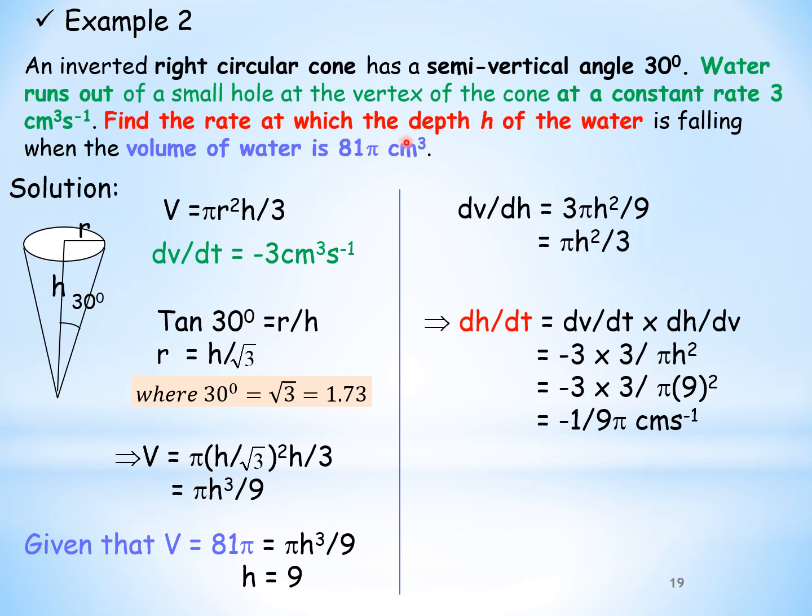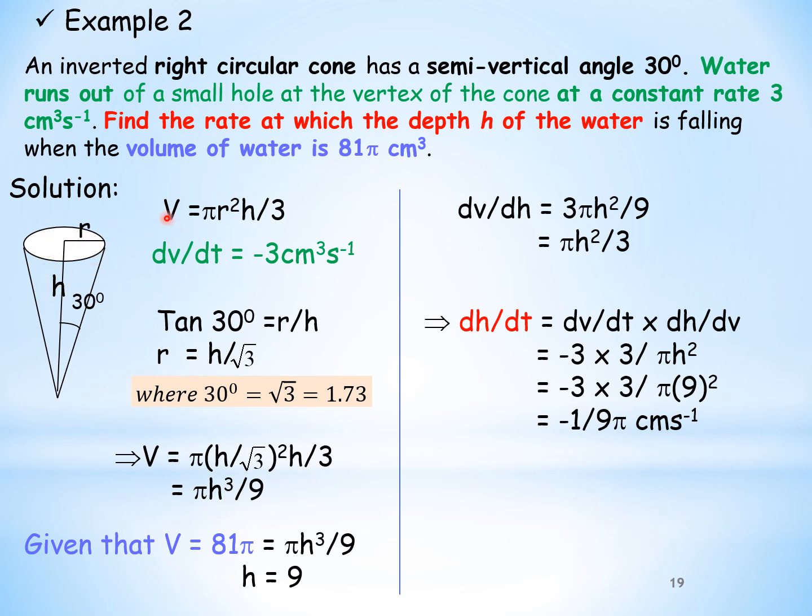Find the rate at which the depth h of the water is falling when the volume of water is 81π cm³. Okay, it asks us to find the rate at which the depth, the water falling, h or its height. It tells us the volume of the water is 81π cm³.